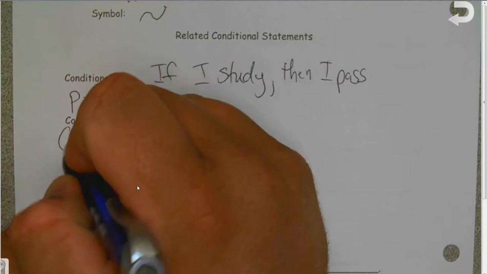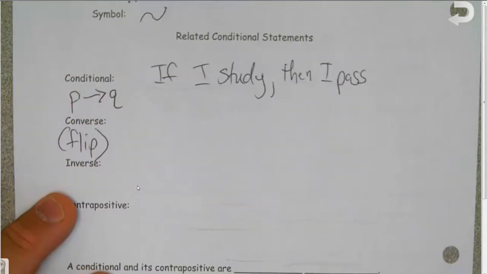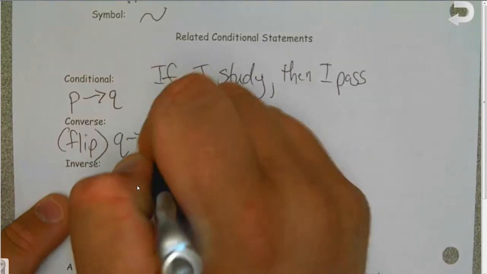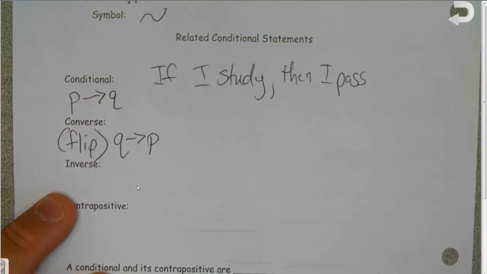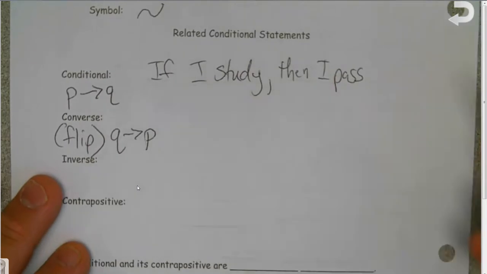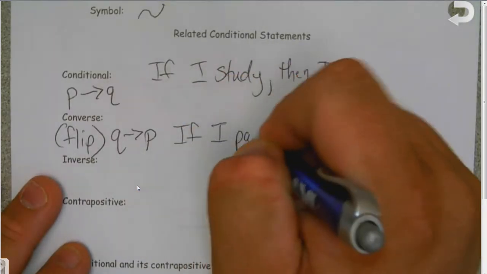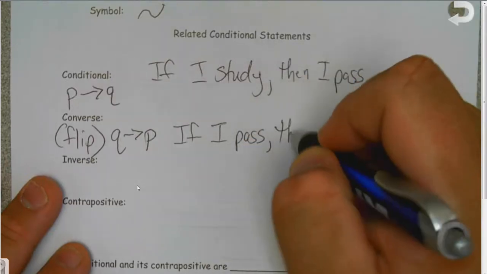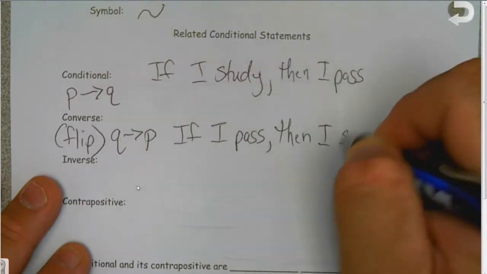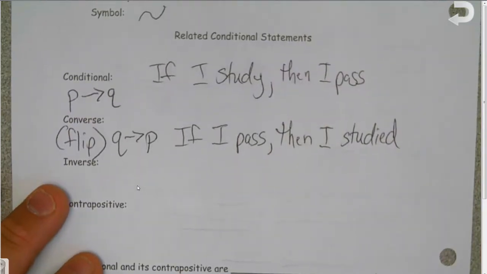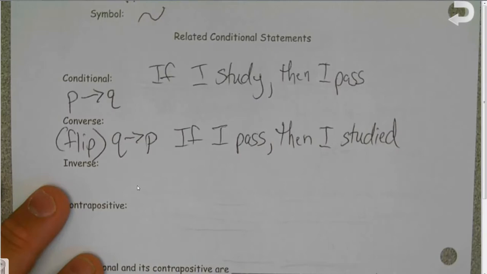And a converse is when we flip it. So we're going to write the Q and then the P. So for this example, it's if I pass, then I studied. Pretty simple. We just flipped it.